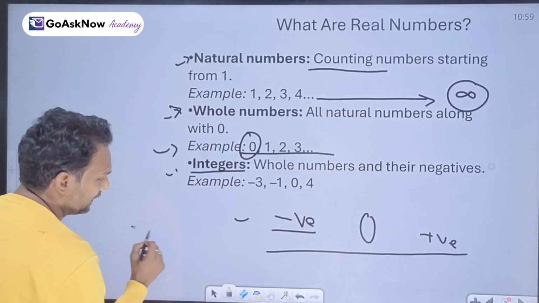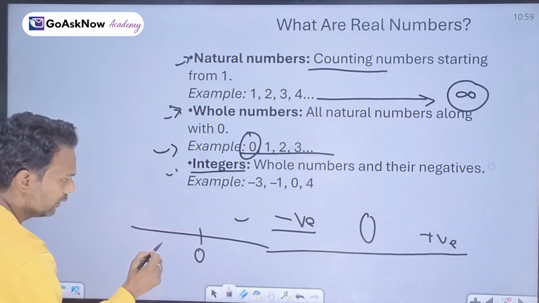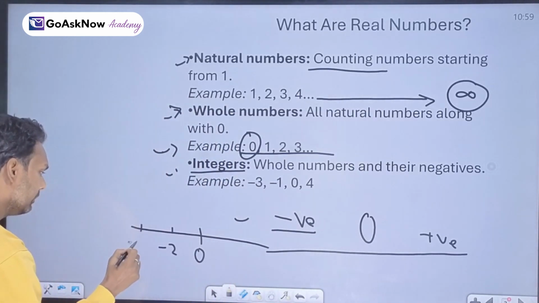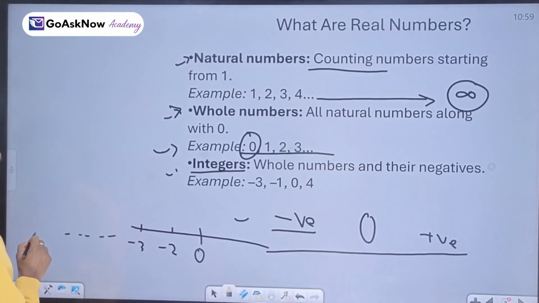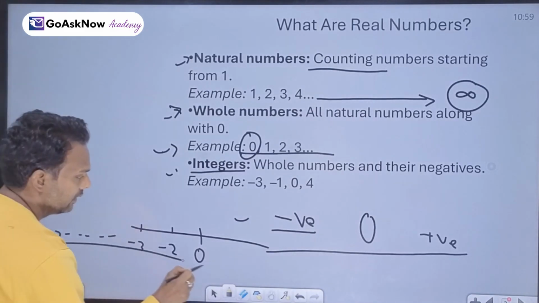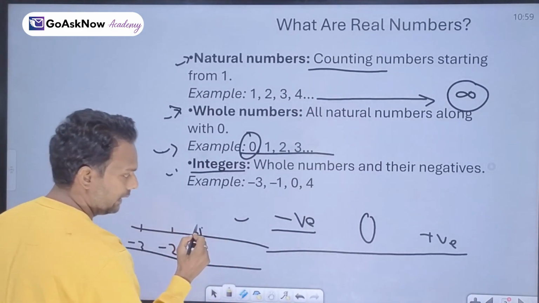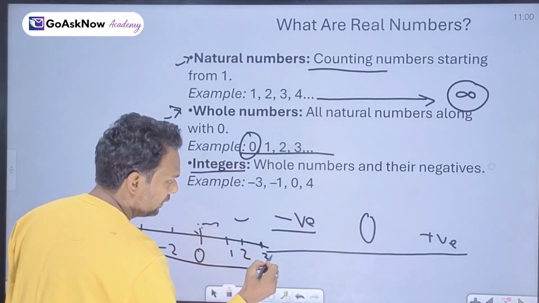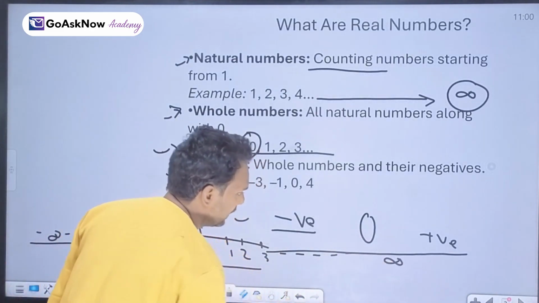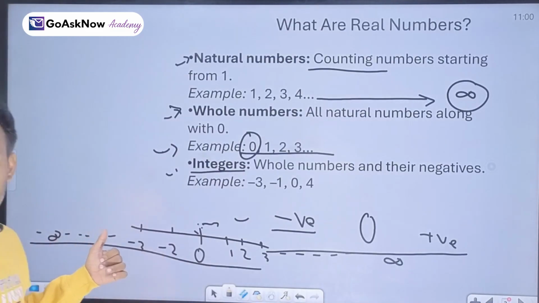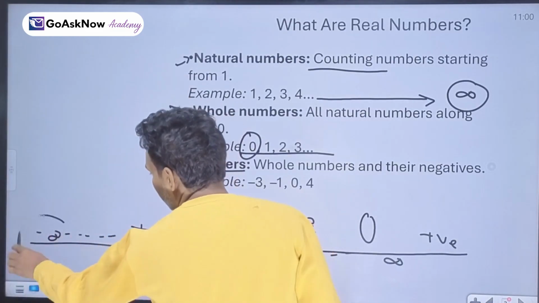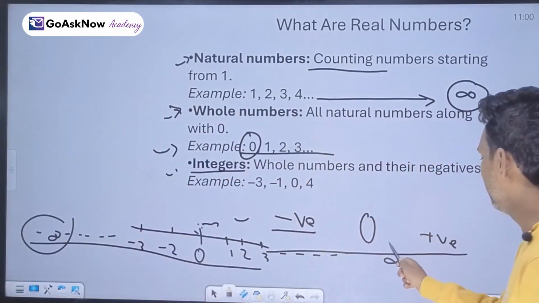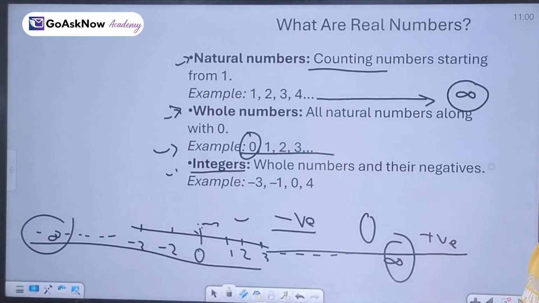It can be represented as 0, -1, -2, which starts from minus infinity, and from 0 on the right-hand side it goes to 1, 2, 3 to infinity. So we can see that there is neither a beginning of numbers nor an end. Okay.